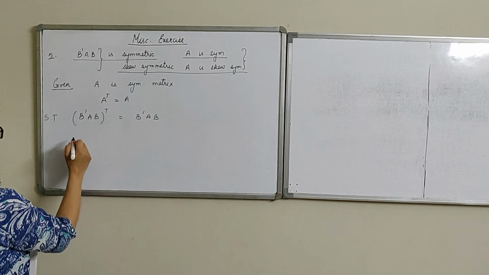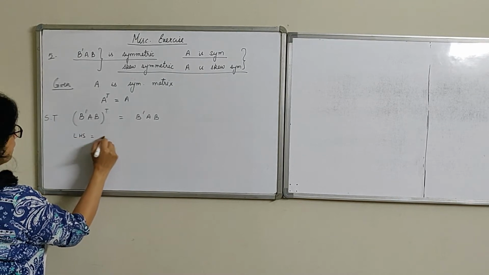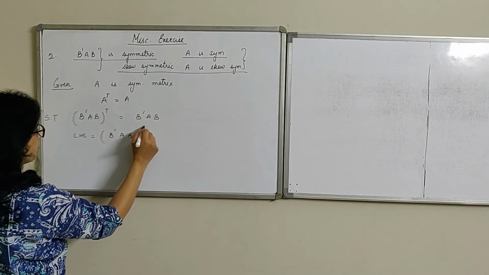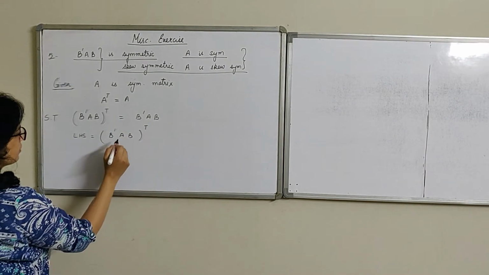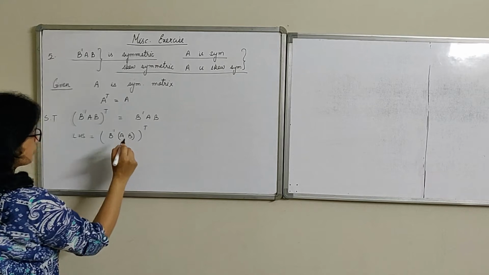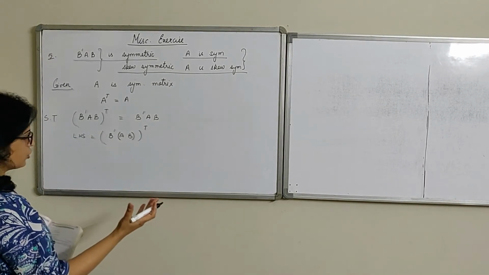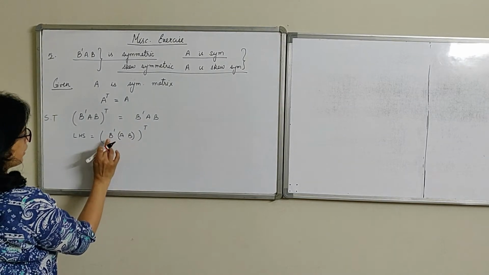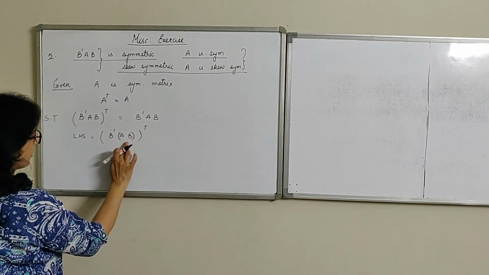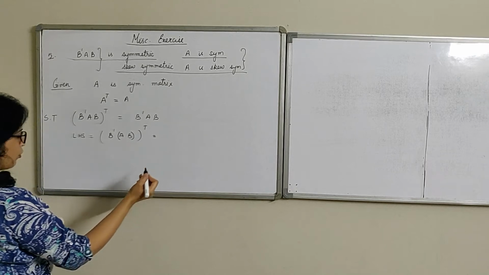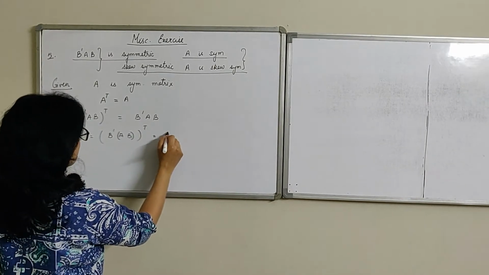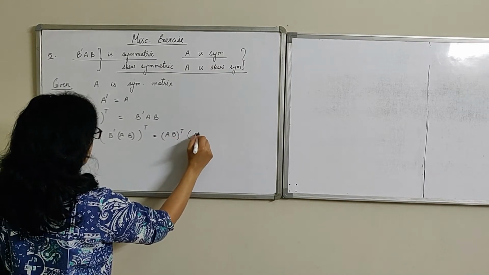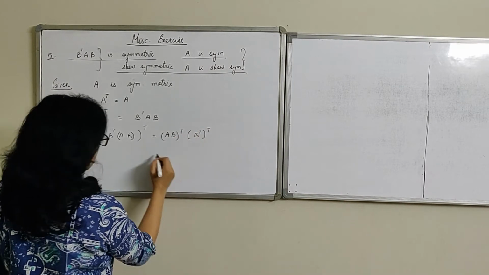So let's start from the left hand side: B dash AB and its transpose. Because there are three matrices, I am considering this as one matrix. You can choose B dash A also as one matrix. So if we have two matrices, B dash and a matrix AB, using properties of transpose, this is equal to (AB) transpose multiplied by transpose of B dash.